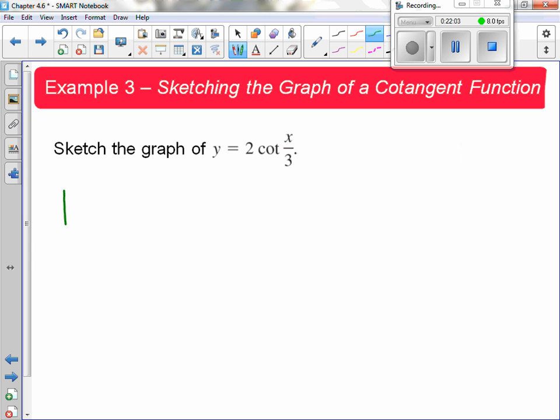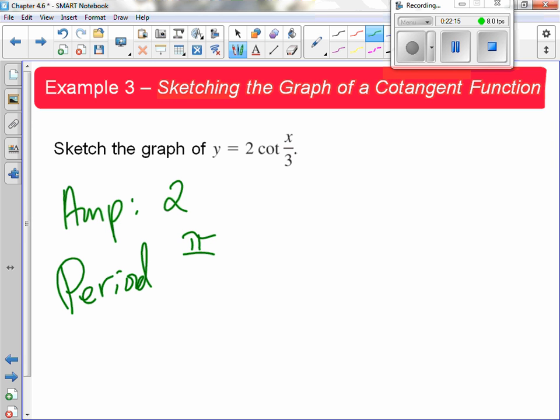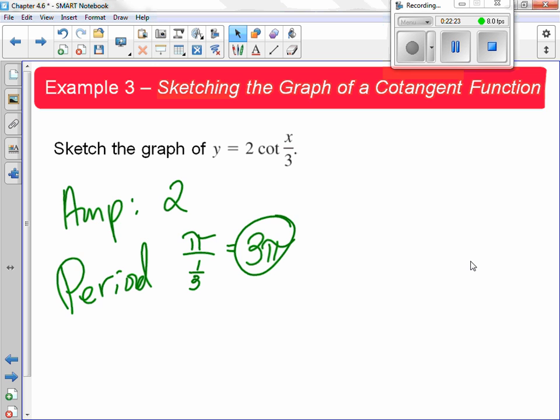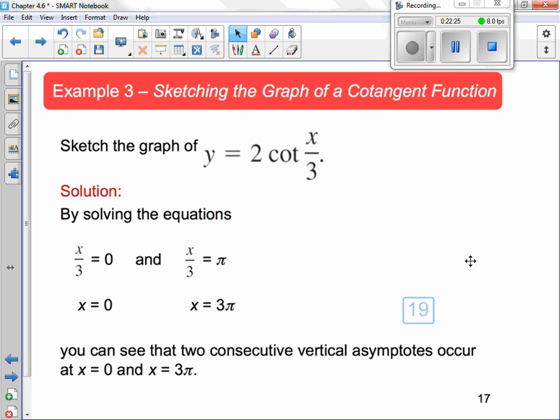Now this one here, if we were sketching it, the amplitude for it would be 2. Well, the absolute value of 2, which is going to be 2. Now the period, well, that would be pi over 1/3, which would be 3 pi. So we get 3 pi.